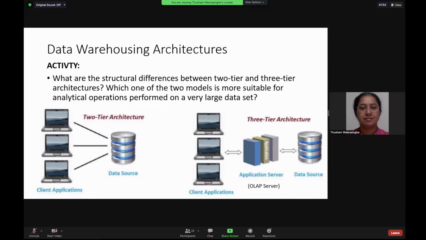And again, you have to talk about the qualities of having a separate layer for this.